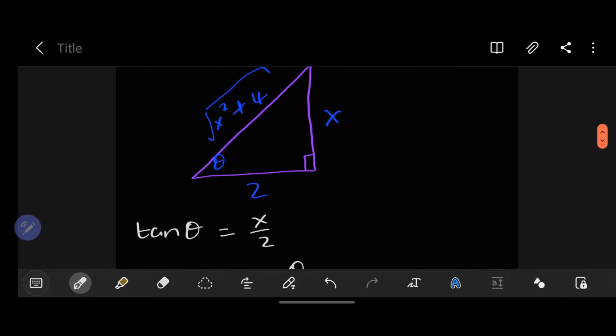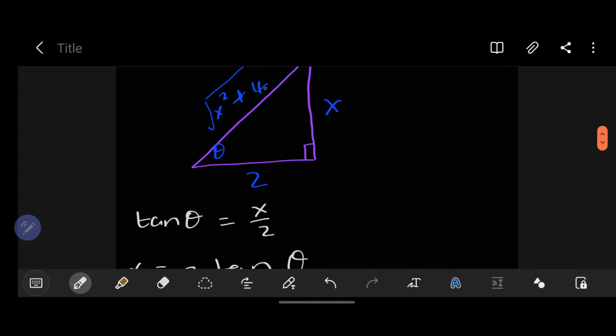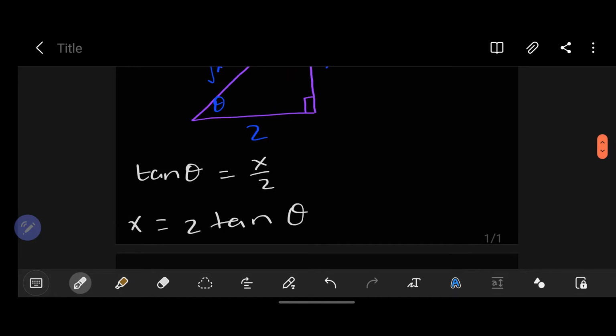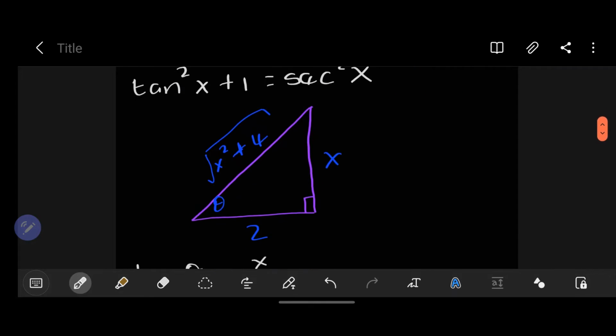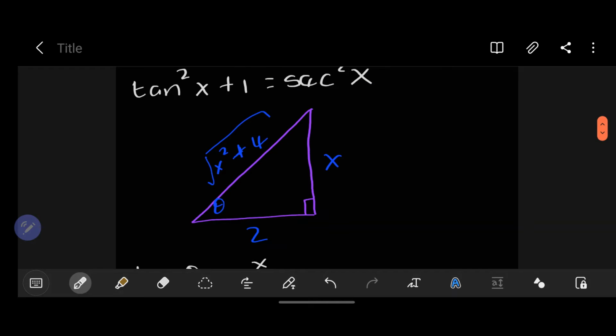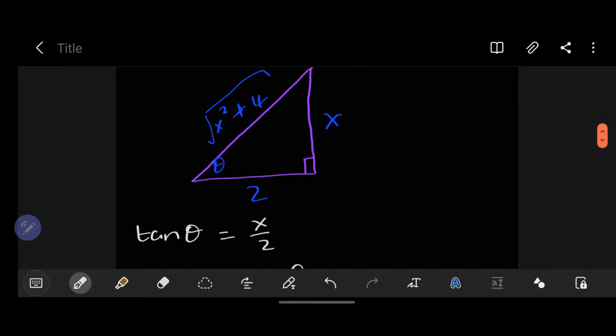If I'm given x squared plus a squared, you notice that a is 2. So that's why I have x equals 2 tan theta. But people normally just memorize this, but I prefer knowing how to get it from this triangle right here.